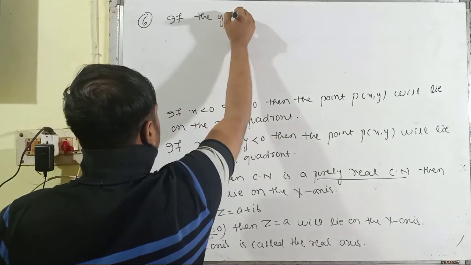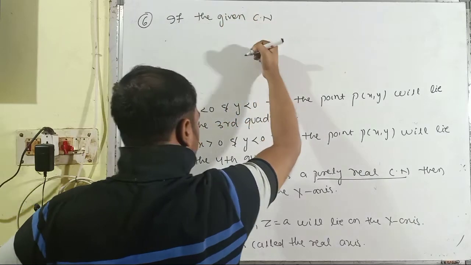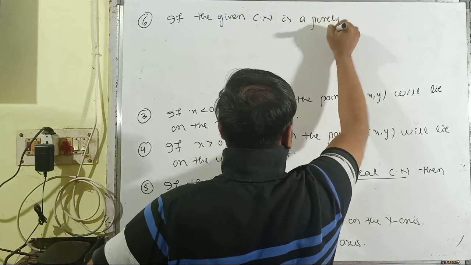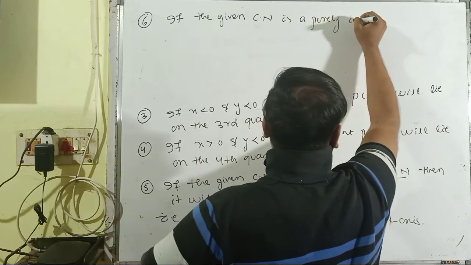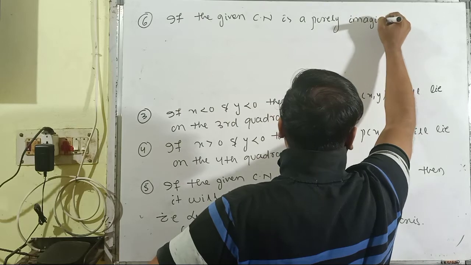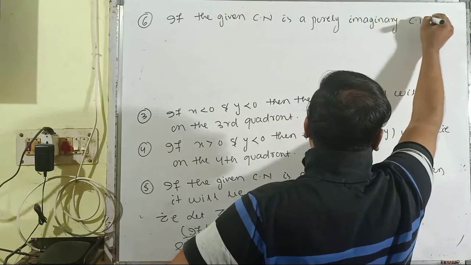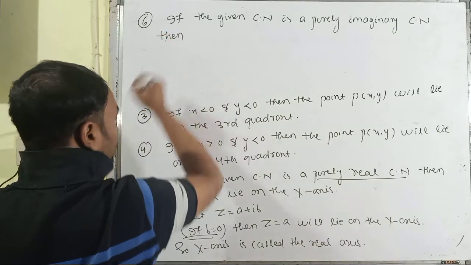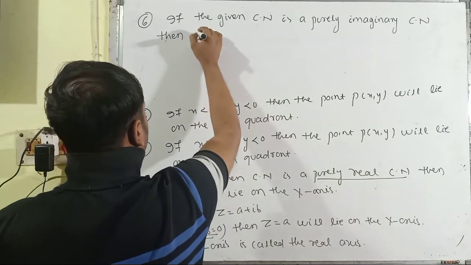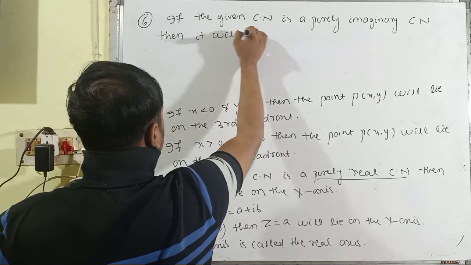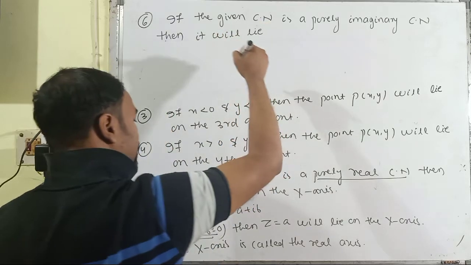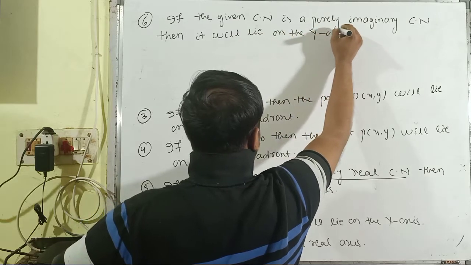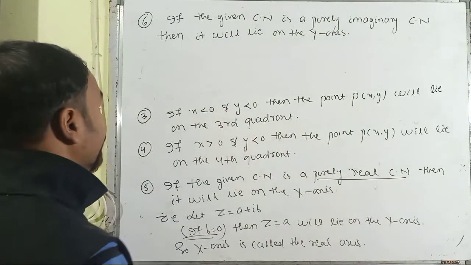If the given complex number is a purely imaginary complex number, then it will lie on the y-axis.